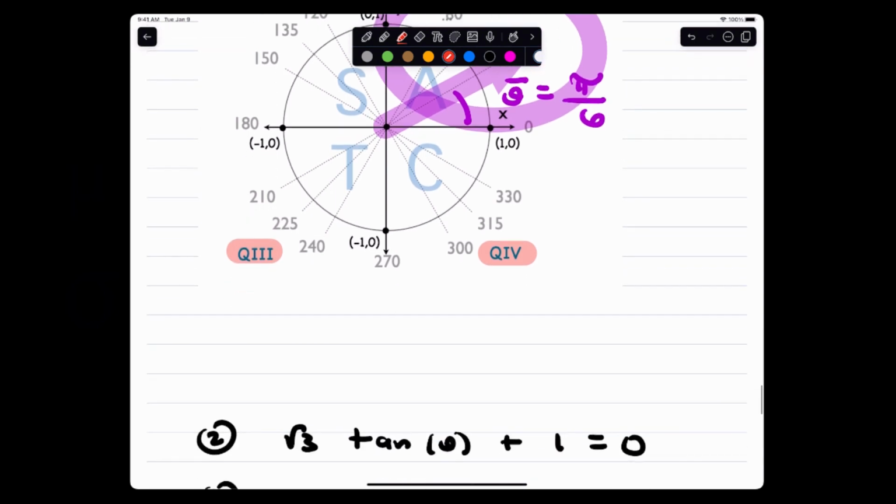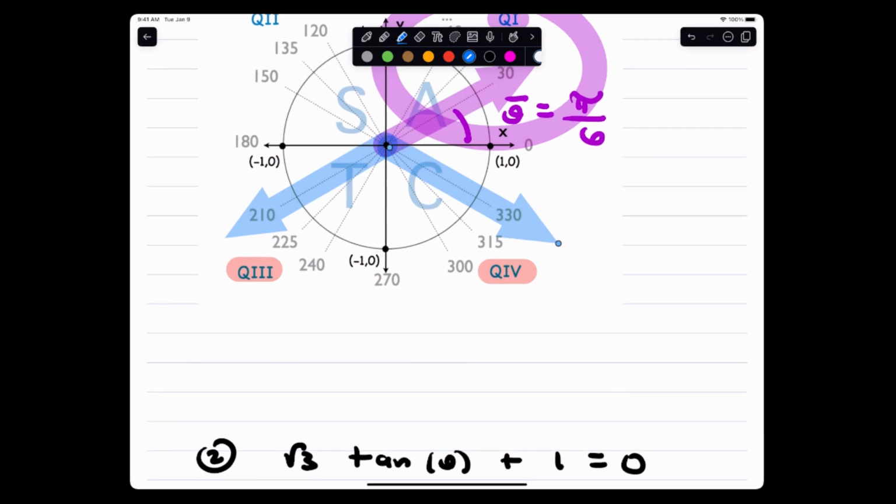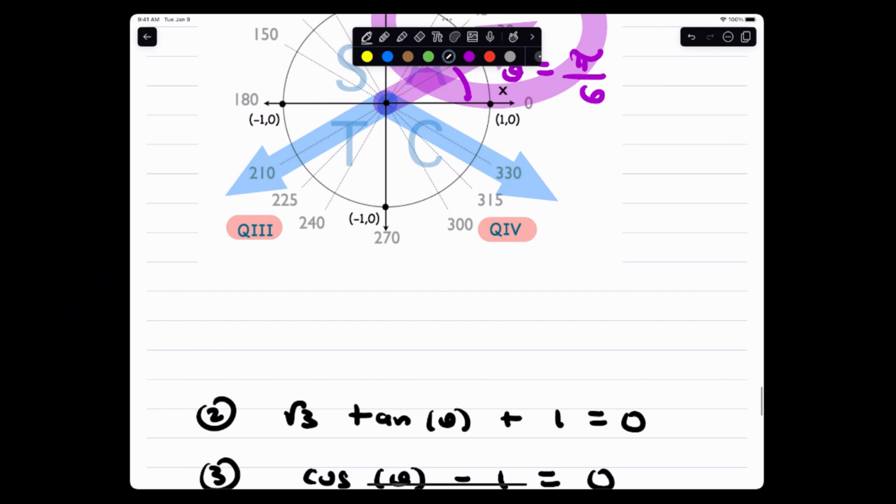You just have to remember now what's the formula for both. How do you find an angle in quadrant 3?